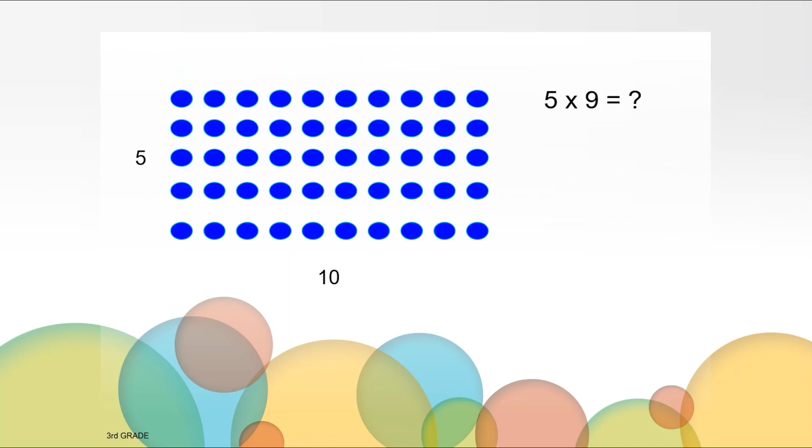Let's try another one. Here is an array for 5 rows of 10. How can we use this information to figure out 5 times 9?